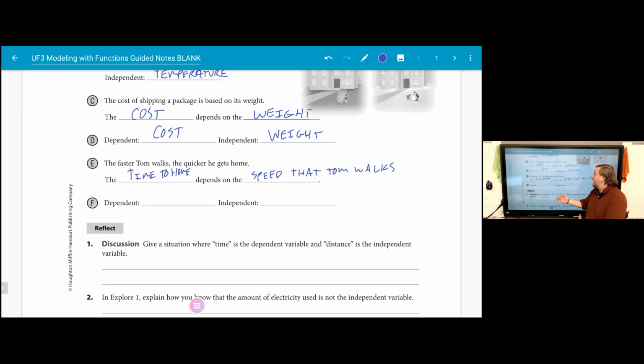In other words, the dependent, the time, depends on the speed. The time depends on the speed.